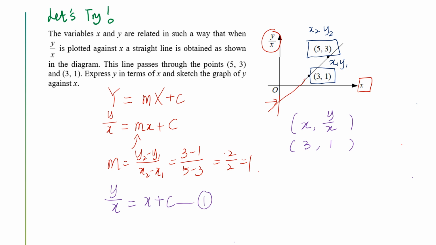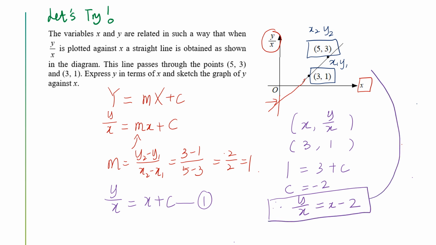So I'm going to sub that into equation 1. So I will have 1 equals 3 plus c. So c will be 1 minus 3, that's negative 2. Therefore, the equation you get will be y over x equals x minus 2. This will be your equation for this straight line.